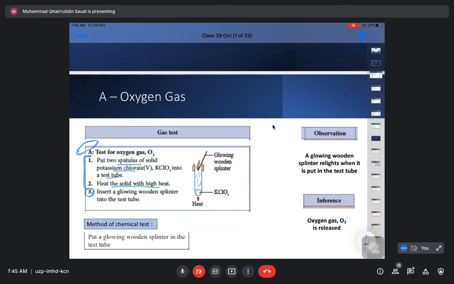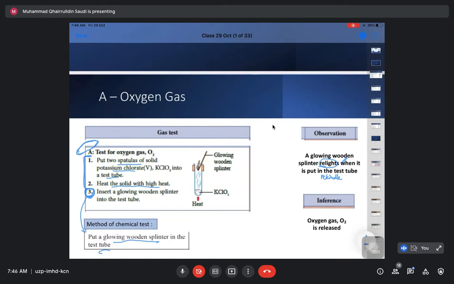Meaning, the method is this one: insert or put a glowing wooden splinter in a test tube. Bila ada colorless gas yang keluar, we want to test whether it is an oxygen gas or not. We put a glowing wooden splinter in the test tube. And what is the observation that we get? The glowing wooden splinter will relight or rekindle, or ignites when it is put in the test tube.